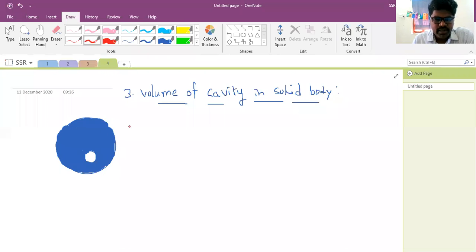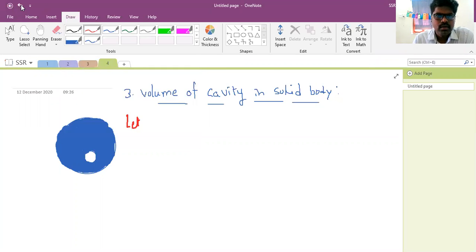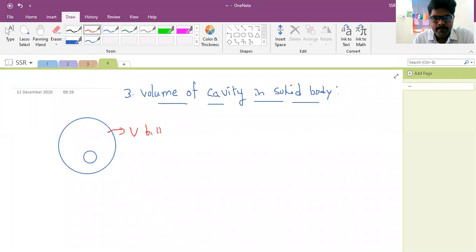Here we need to understand two things. Let capital V be the volume of metal.